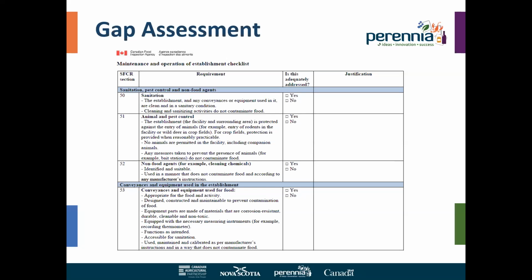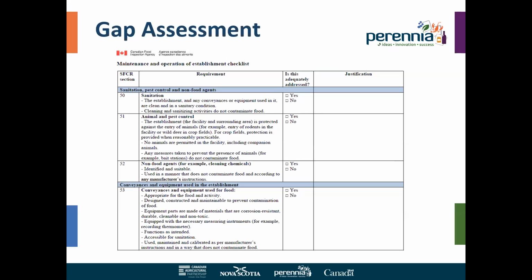So basically, on the left-hand side, you will see that they give the Safe Food for Canadians regulations section. So section 49 would have been the responsibility of the operator. Section 50 is sanitation. 51 is animal and pest control. 52, non-food agents. And 53 is the conveyances and equipment. And this template goes on and on.